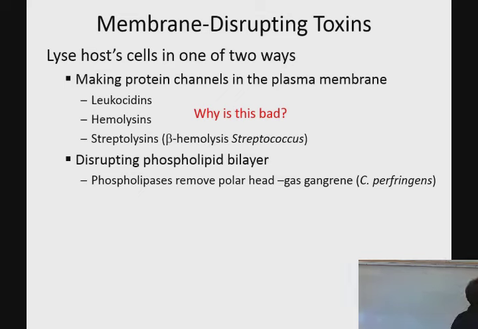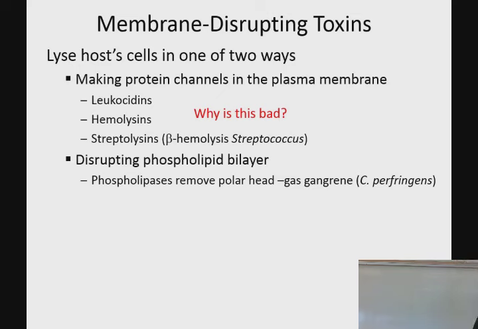Now there are others that disrupt the phospholipid bilayer by chopping off the head groups of the phospholipids, those hydrophilic phosphate parts. And one example that's really bad is the organism that causes gas gangrene, which is Clostridium perfringens. This is an illness that was seen a lot in warfare, in World War I and World War II, when people were working in trenches a lot, and that exposes you to the soil.